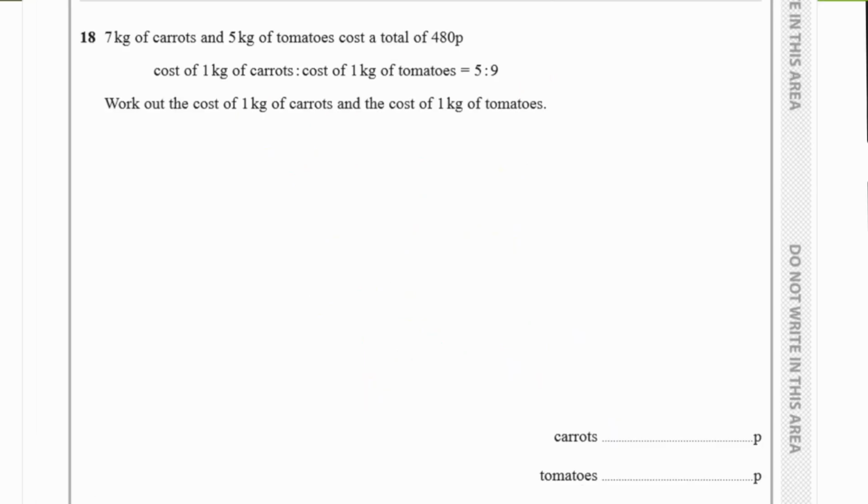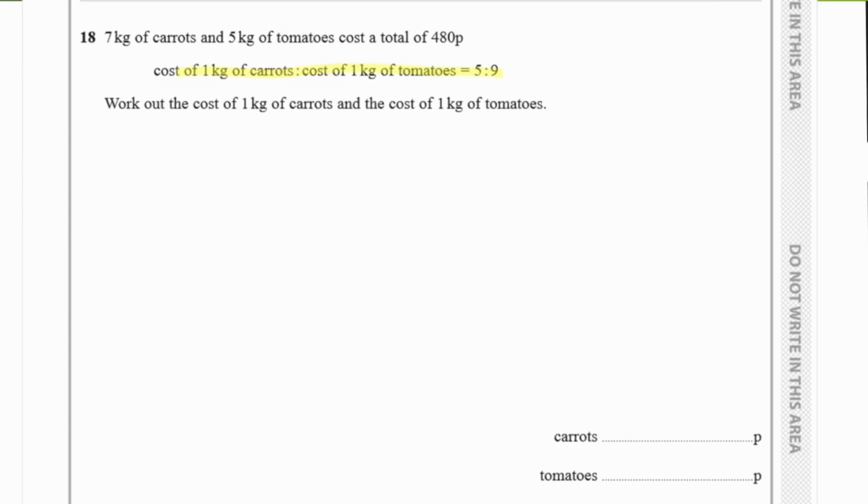Number 18. 7 kgs of carrots and 5 kgs of tomatoes cost a total of 480p. Cost of 1 kg of carrots to cost of 1 kg of tomatoes is equal to 5 to 9. Work out the cost of 1 kg of carrots and the cost of 1 kg of tomatoes.